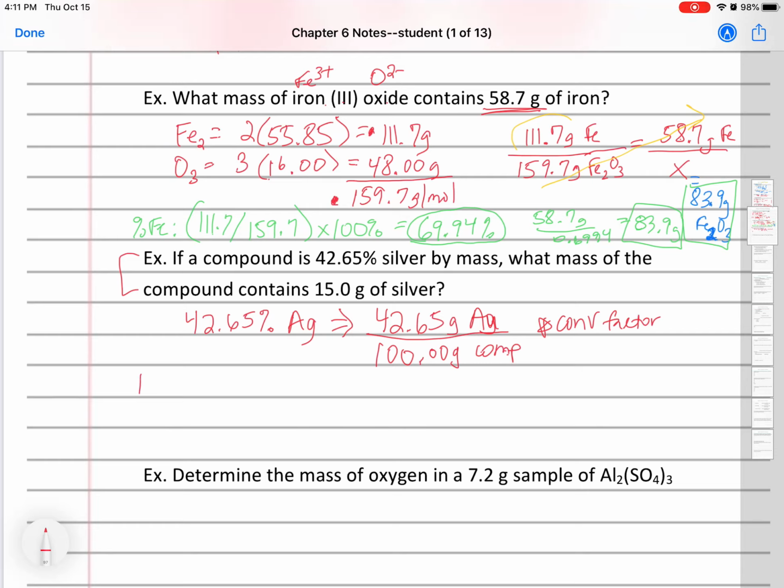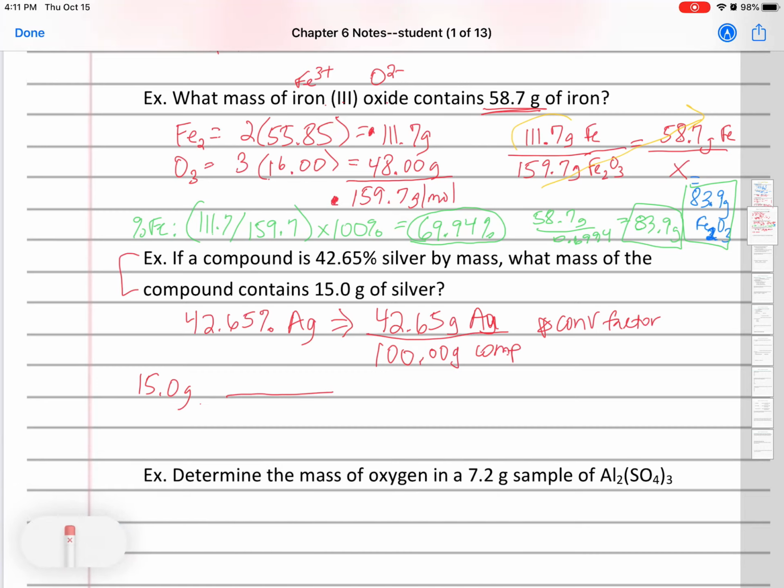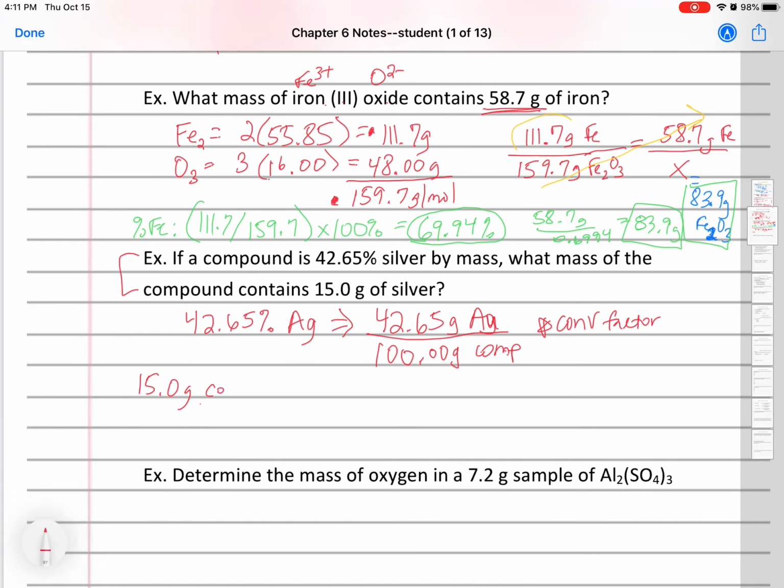So if we have 15 grams of this compound, actually I'm going to label this a little bit clearer. If we have 15 grams of this compound, and we know that for every 100 grams of this compound, there's 42.65 grams of silver.